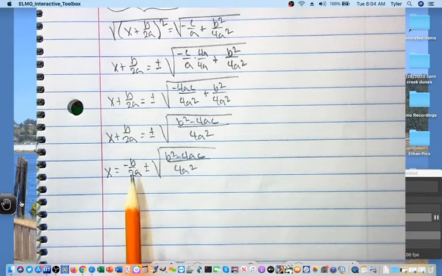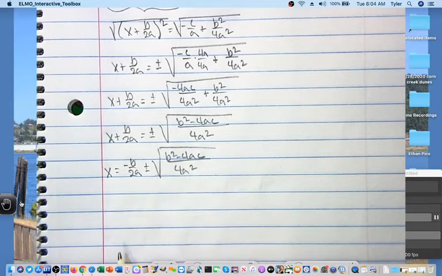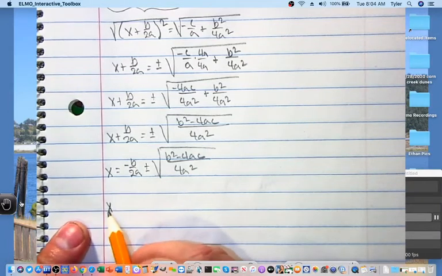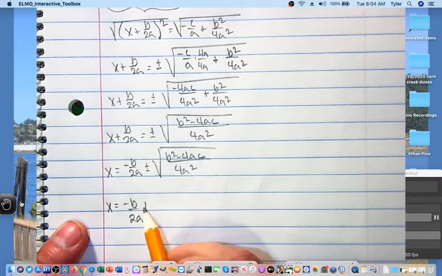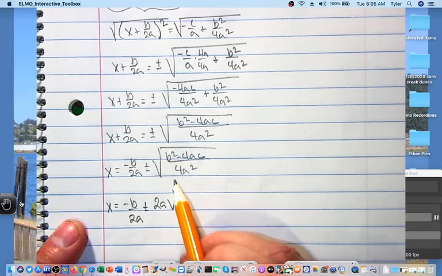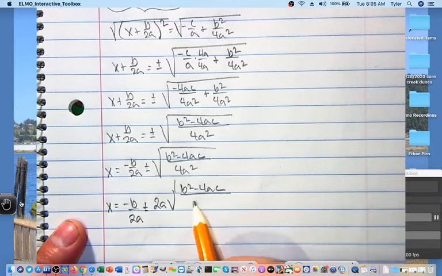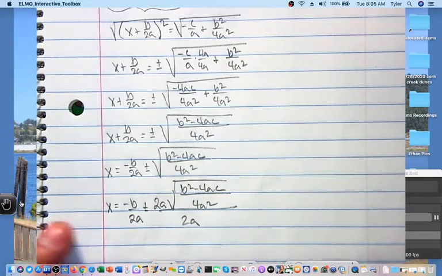What I'm going to do now is I'm going to take this fraction as well as this fraction, which is over 1, and I'm going to give them a common denominator. That means I'm going to multiply the numerator and the denominator by 2a. So that's x is equal to a negative b over 2a plus or minus 2a radical b squared minus 4ac over 4a squared over 2a.